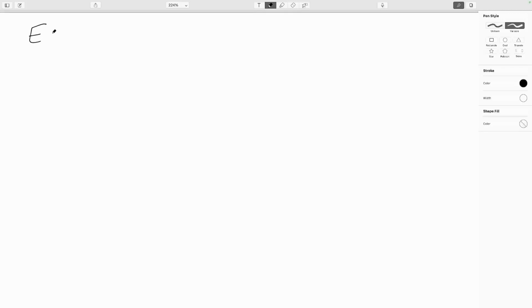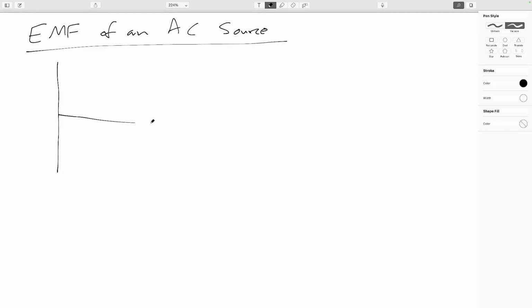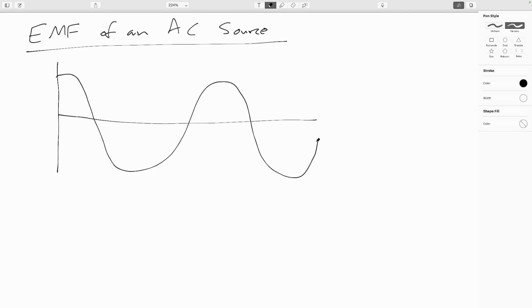EMF of an AC source. If you measure the voltage as a function of time across the prongs of, say, a household outlet, you'll see that it varies sinusoidally with time, or in this case, I drew it as a cosine.